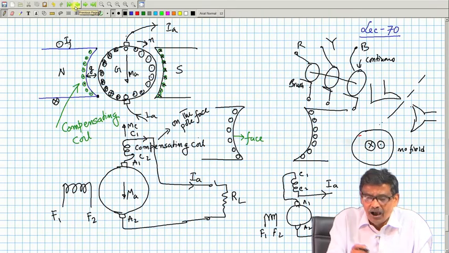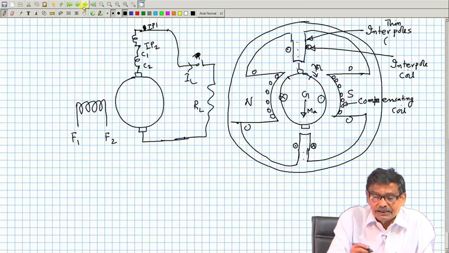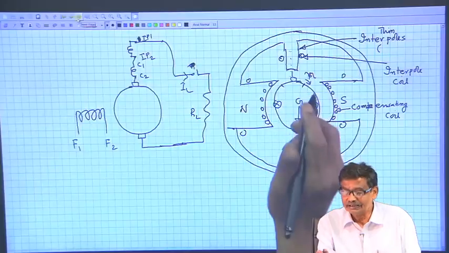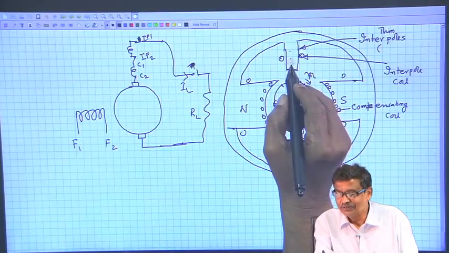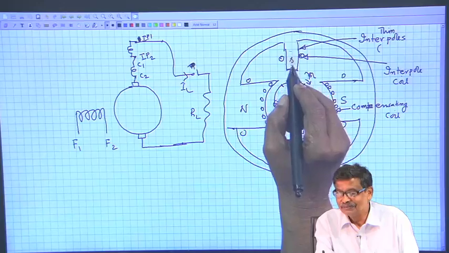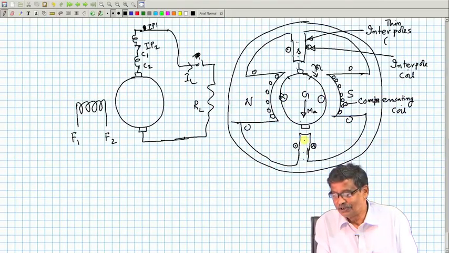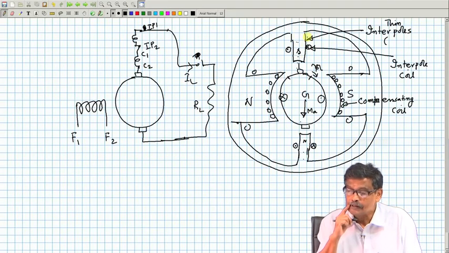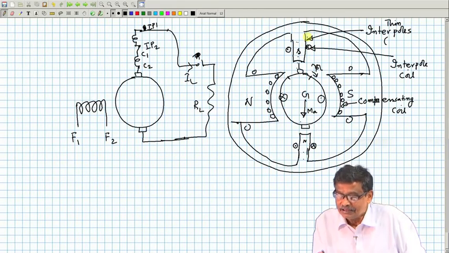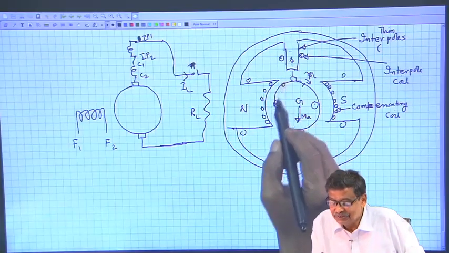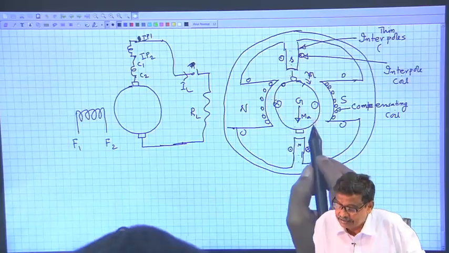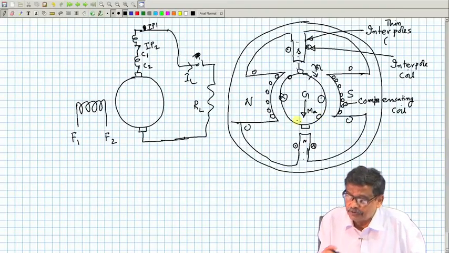Okay. Only the last point I want to tell: if you see, this polarity has to be south, this polarity has to be north, interpole polarity, cross dot lines of force will enter. You see the conductors, this point is very interesting. If you connect like that, how will it improve commutation?